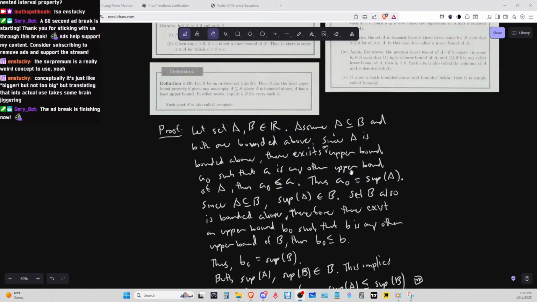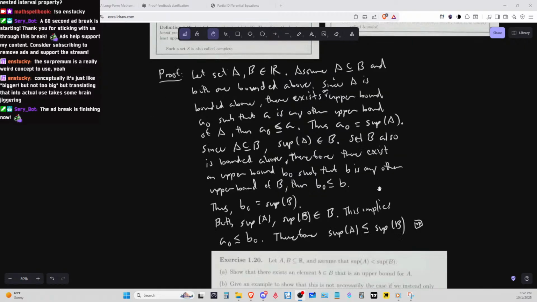But then again, that's also a good thing, because you're actually interacting with the thing that you really have a gap on, and I do have a lot of gaps when it comes to mathematical proofs. Conceptually, it's just bigger, but not too big, but translating that into actual use takes some brain triggering.